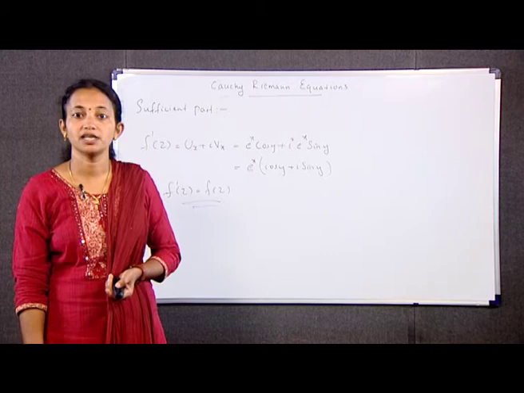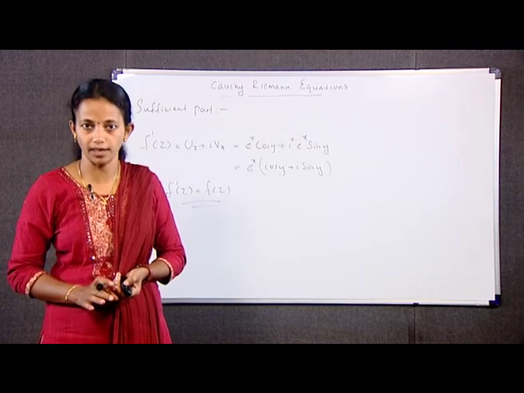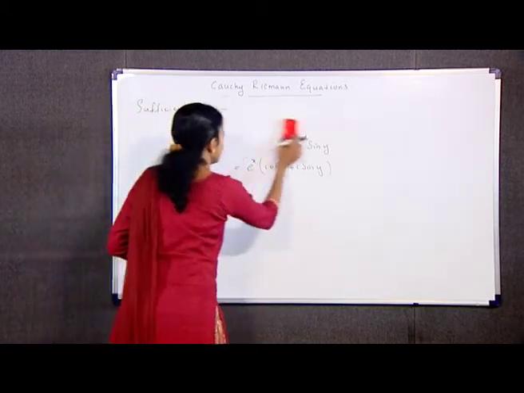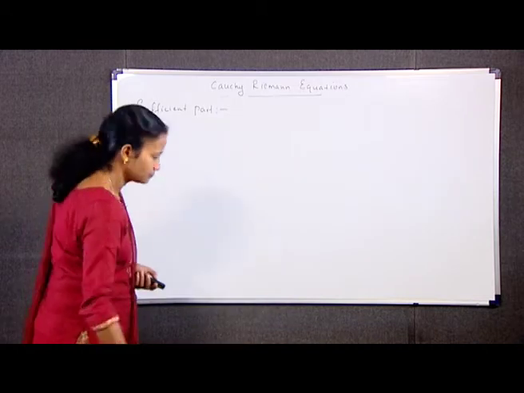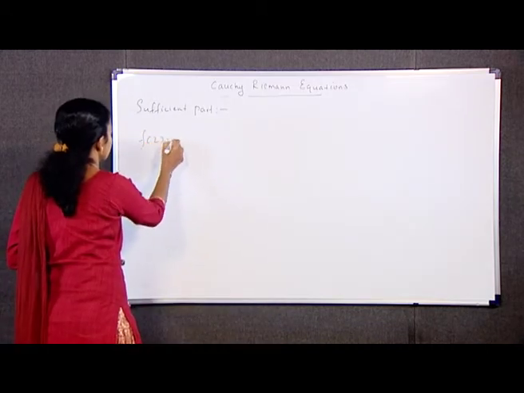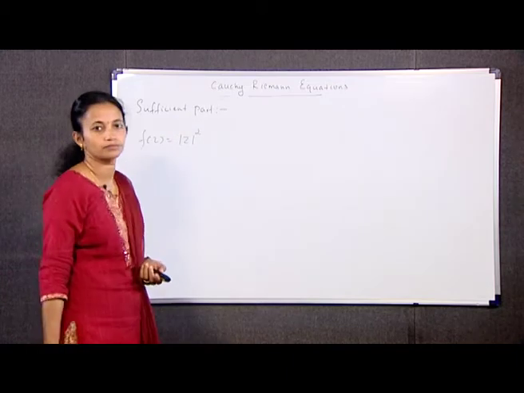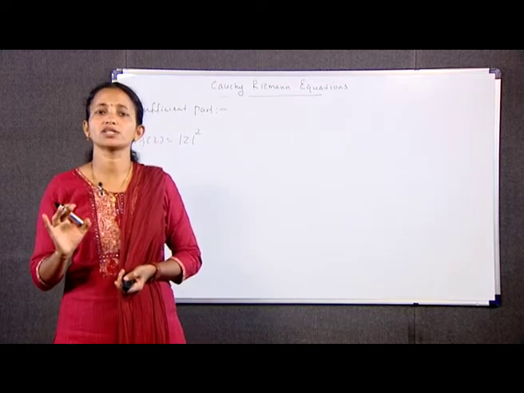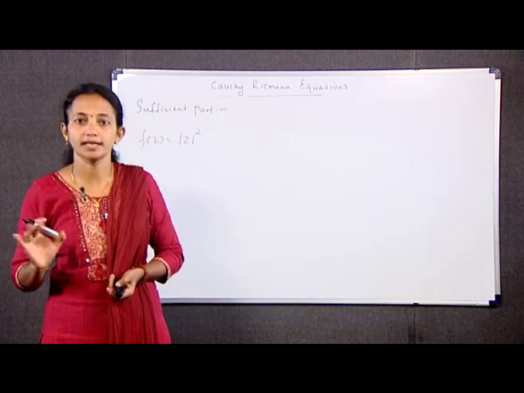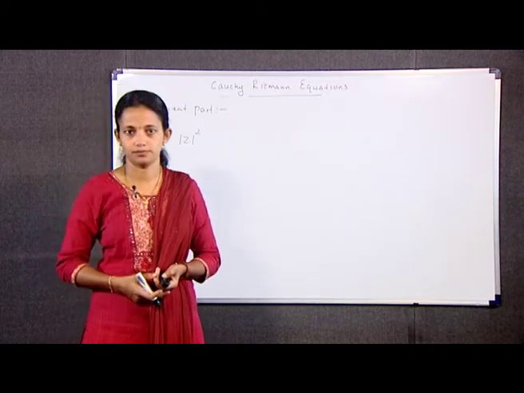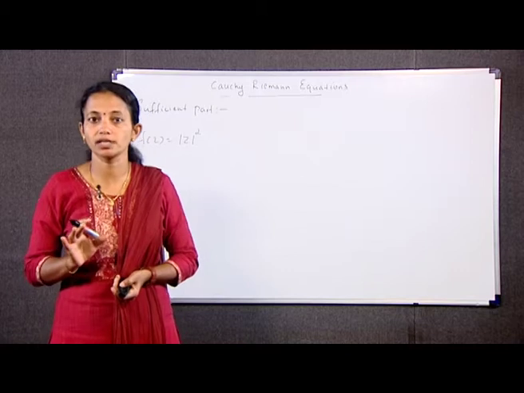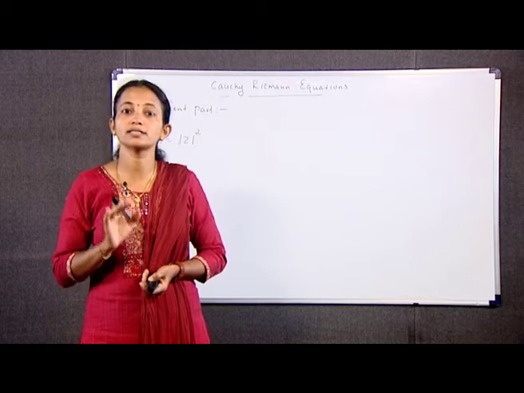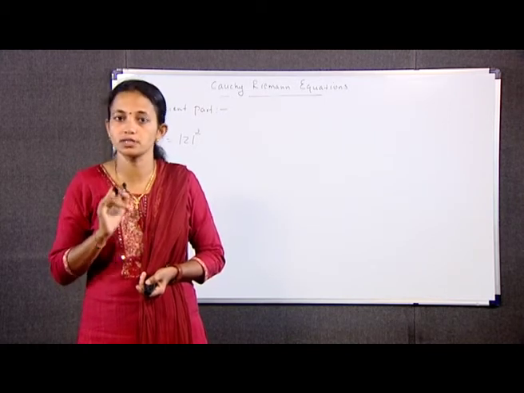Next we examine the differentiability at the origin of the function f given by f z is equal to mod z square. Next example. We have seen in an earlier example that for the given function the Cauchy-Riemann equations are satisfied only at the origin. Also, the first order partial derivatives are continuous at the origin, and hence all the conditions in the theorem are satisfied at the point 0, 0.